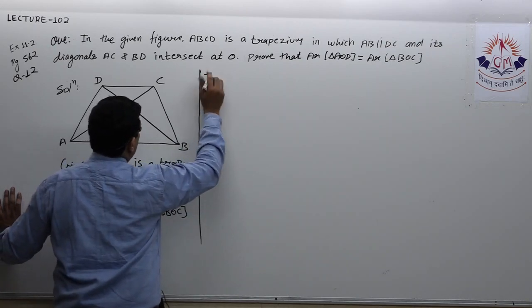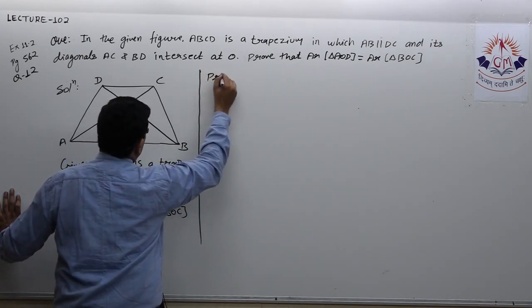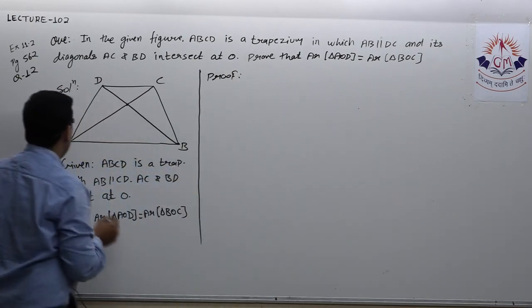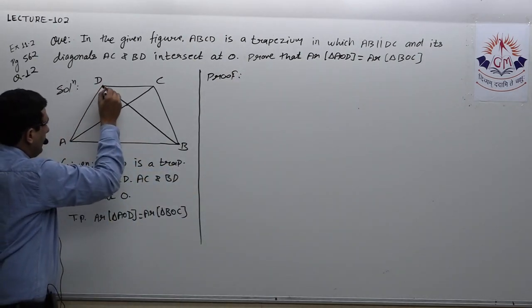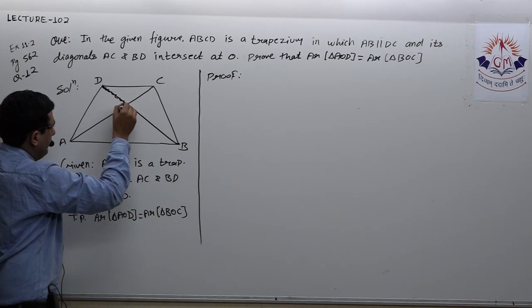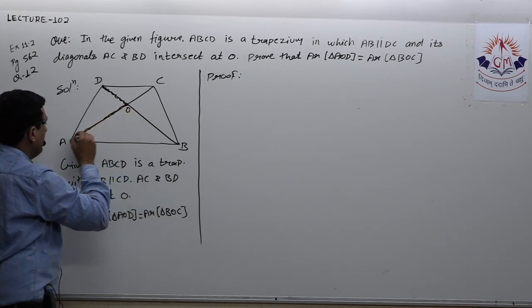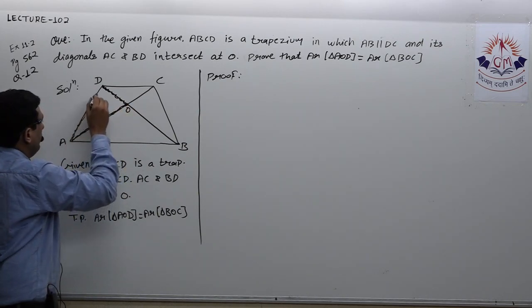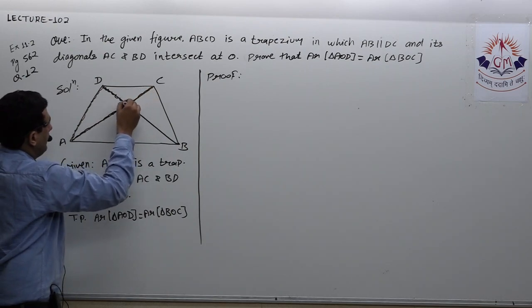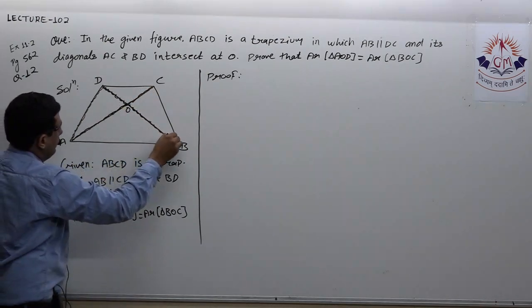Let us see its proof. We have to prove that this triangle AOD is equal in area to this triangle BOC.